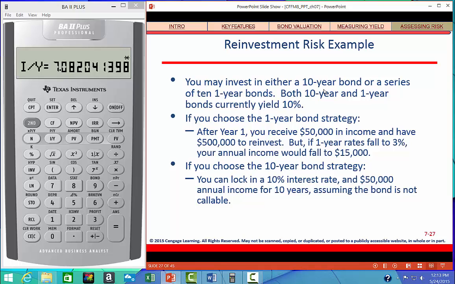It might be better to invest in the 1-year bond because you're hoping interest rates will go up. If you lock your money up for 10 years at a low interest rate, then you miss out when interest rates do go up and you could reinvest. So reinvestment rate risk is really just the risk that interest rates go down, assuming that they're at a good level to begin with.